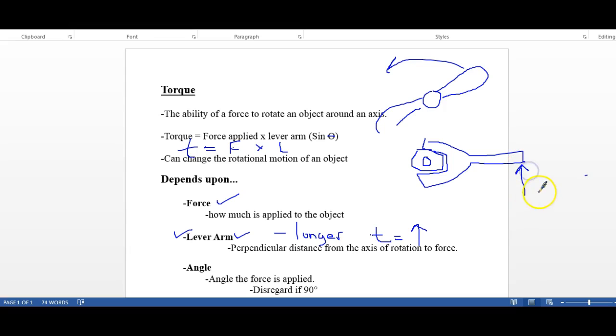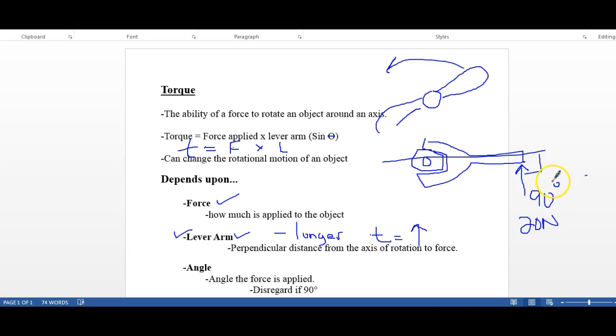Okay, 90 degrees to the spin of the axle. So this is your plane of where the axis is, and then you go 90 degrees to that. That's your best deal. You're going to get the most power. So if you put 20 newtons here, that's going to give you the most torque.